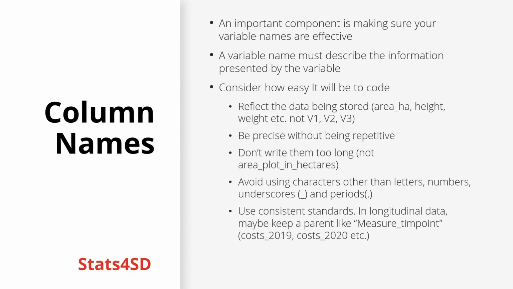So, for example, say you have some costs data from two different time points, say a baseline and a midline survey. You could put costs_2019 and then costs_2020. That's a good consistent pattern in the variable names to make it clear which variables are coming from 2019 and which from 2020.